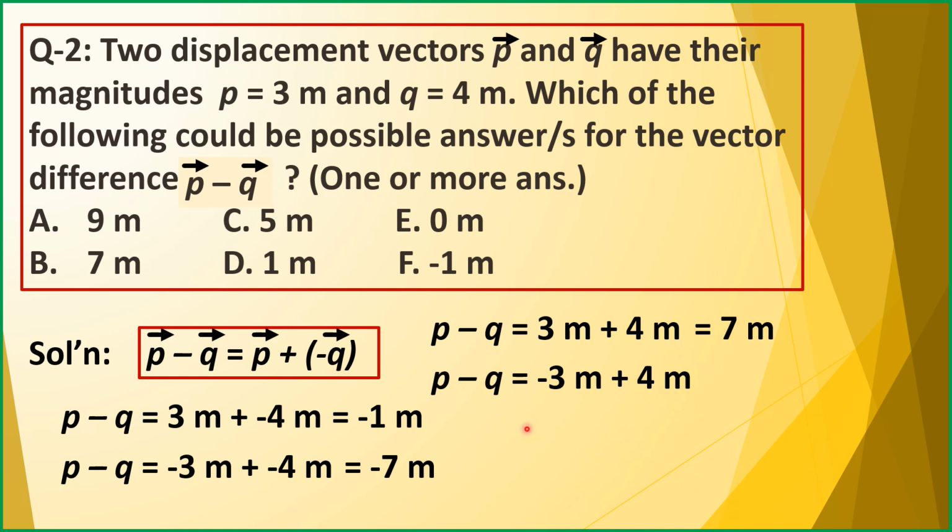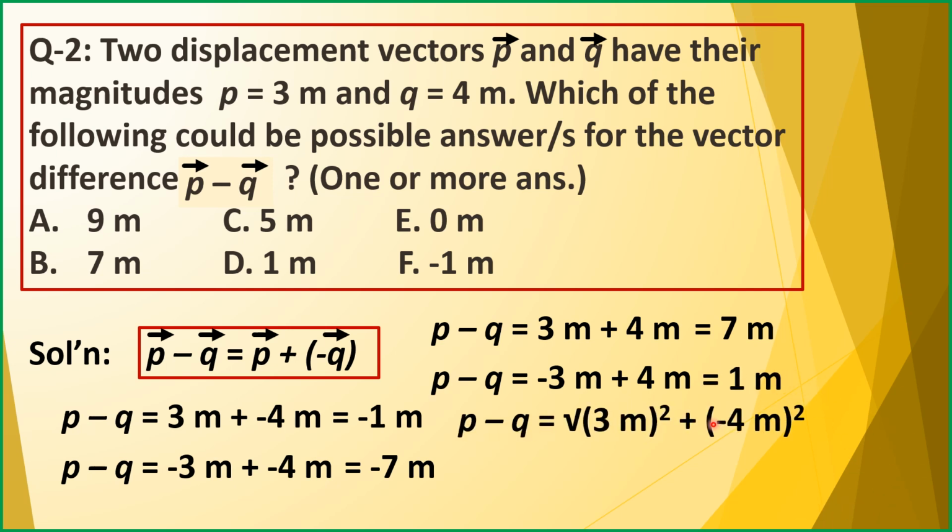Still, another possible case is if vector P is negative 3 meters, and vector Q is negative 4 meters. So when you subtract P minus Q, that gives us negative 3 meters plus the negative of negative 4, which is positive 4, of course. So the answer is positive 1 meter.